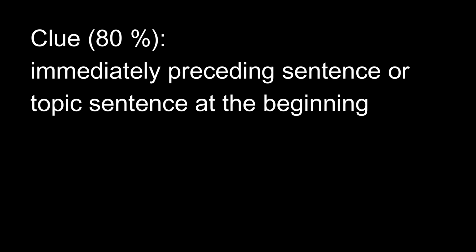So the strategy is first to read the sentence that immediately precedes the highlighted sentence and consider the relationship between them. If the sentence has pronouns, you will have to read the sentences that precede it to understand the antecedents. In other cases, it can be the topic sentence of the paragraph, which most often comes at the beginning.